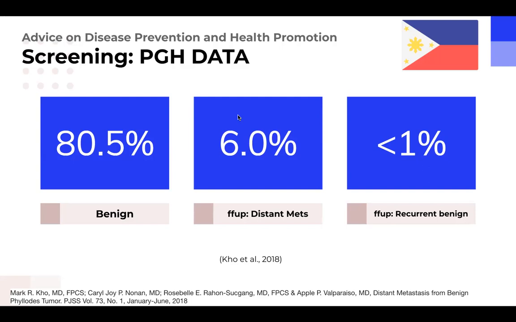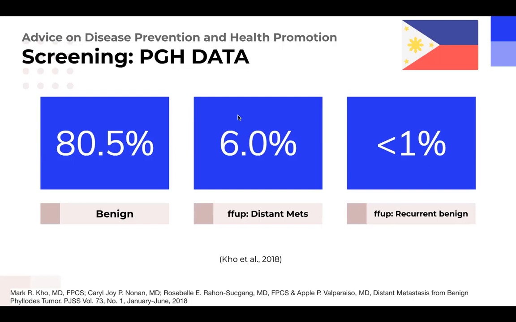And then the one on the right side of the screen, those with distant metastasis, what is this? Malignant? Yes, sir. They didn't describe all cases, but they only mentioned the prominent ones.